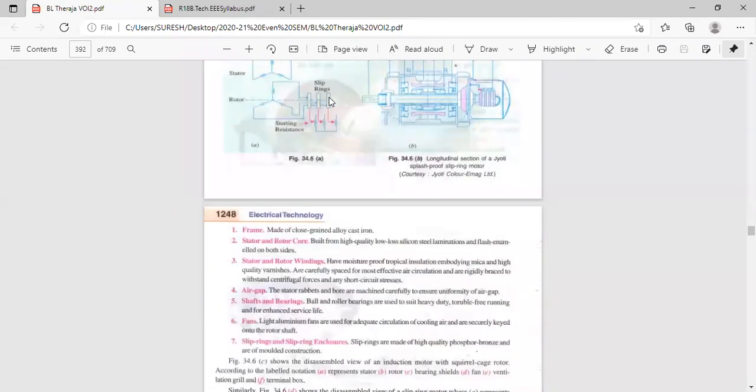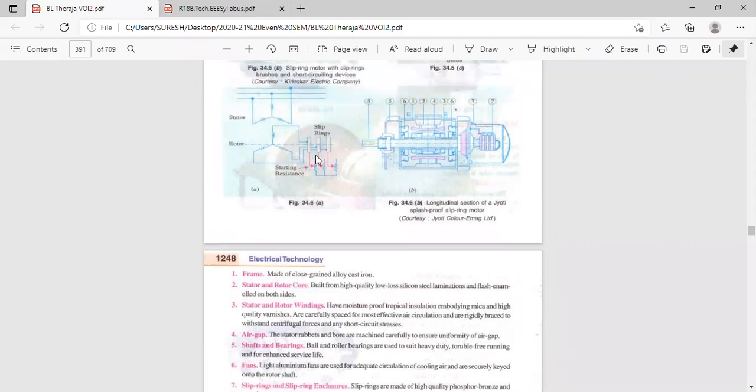See here, the rotor windings are connected to the slip rings. These slip rings are connected to rheostats. Is it okay? Any doubt? In squirrel cage, rotor bars are permanently short circuited. We can't add external resistance.